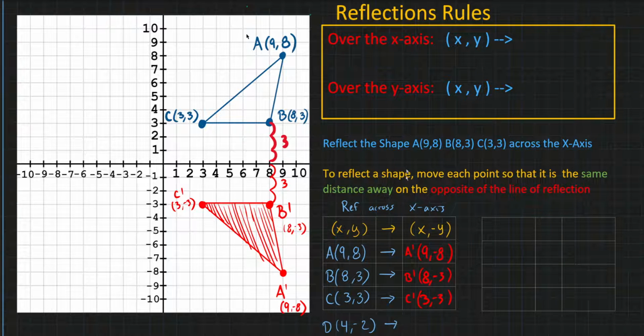If I were to reflect it across the x-axis using this rule, D prime would be 4, keep the x the same, and just flip the sign of the y. Negative 2 becomes positive 2. That's how easy it is to reflect a point across the x-axis. We have made the rule for this, so I'm going to write it up here. Once again, we keep the x the same, but we flip the sign of the y value.